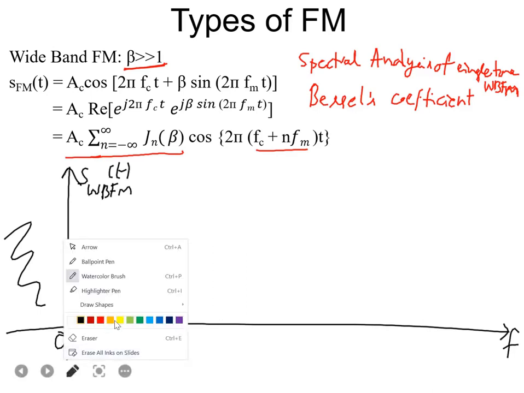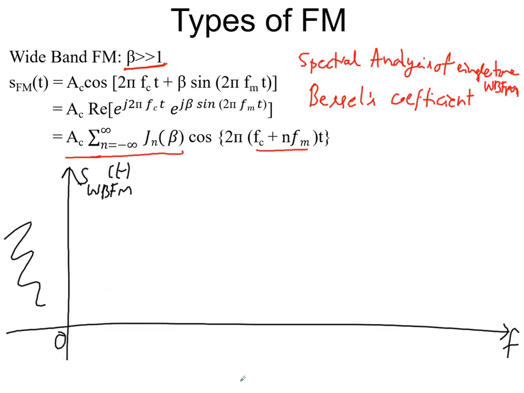Now one simple analysis from here is the coefficient for n equal to 0. This will become Fc plus 0 into Fm into t. That is the frequency. The amplitude becomes Ac J0(beta).